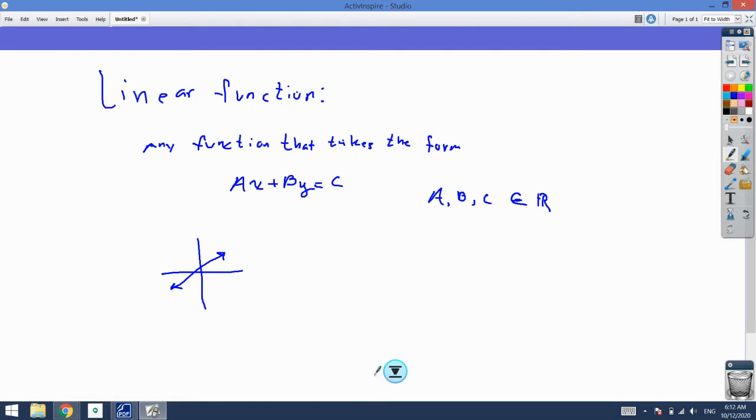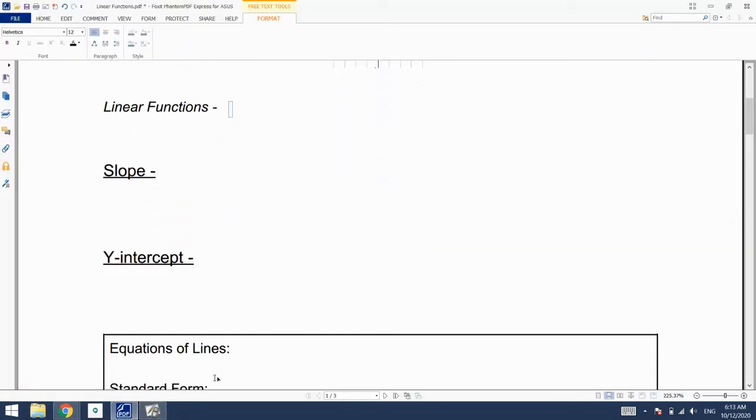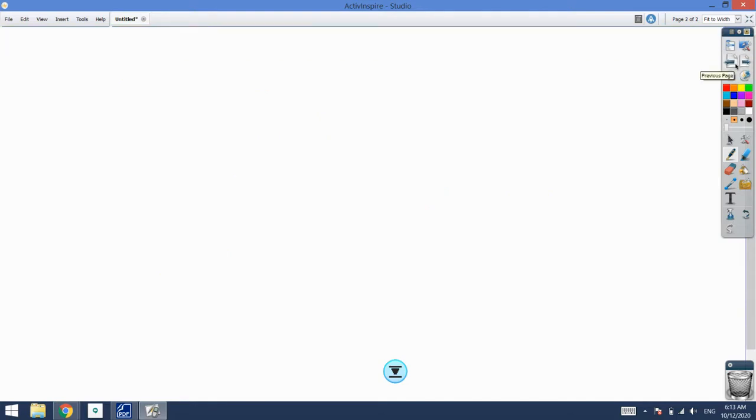So we need to actually take a look at what's known as slope. And with slope, you are looking at pretty much the rate of change, or the average rate of change, you might say.